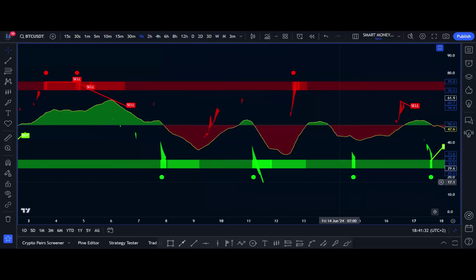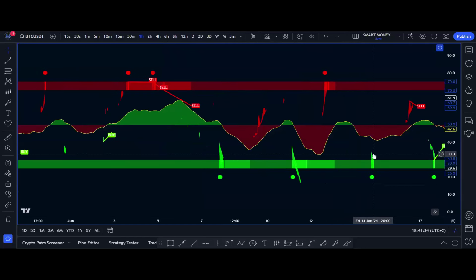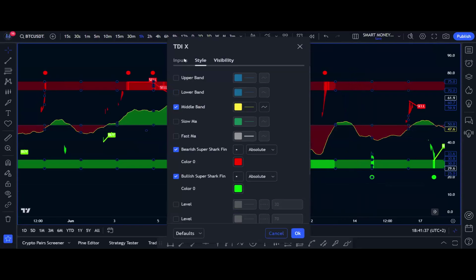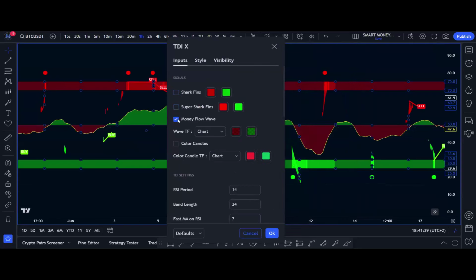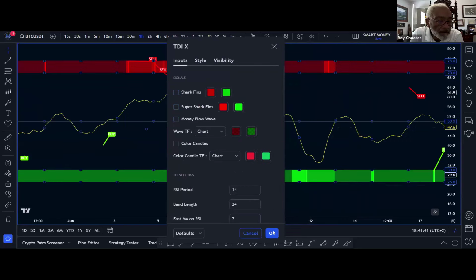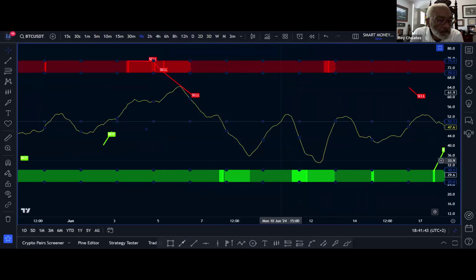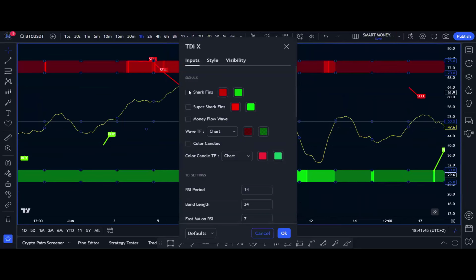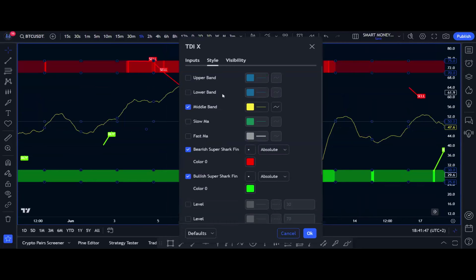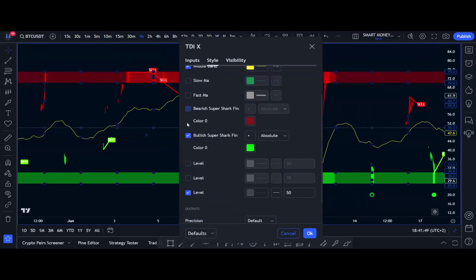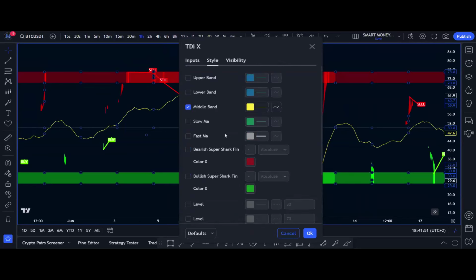So now that we've got just the money flow on, I'm just going to take this off to make it super easy to see. I want to just focus on money flow for you now. Here we go.